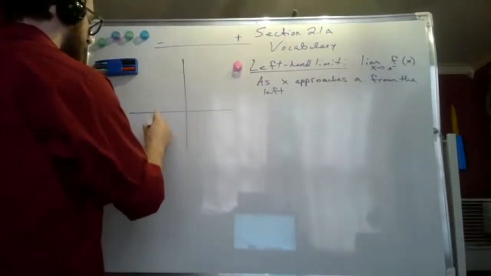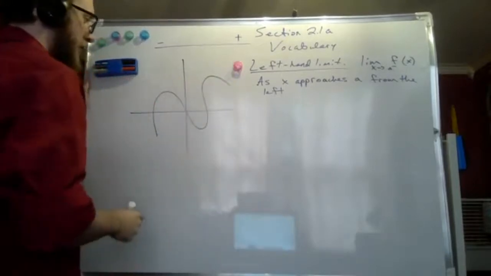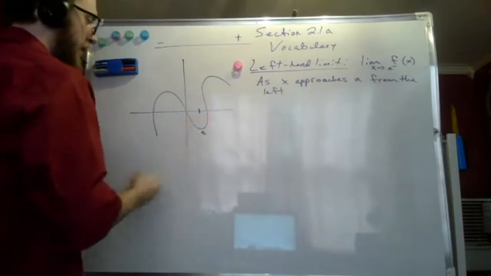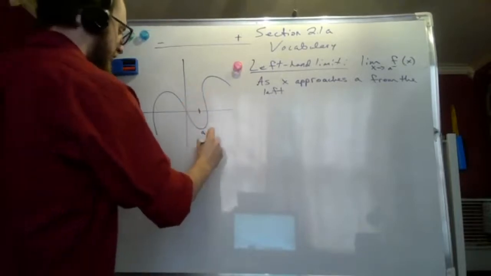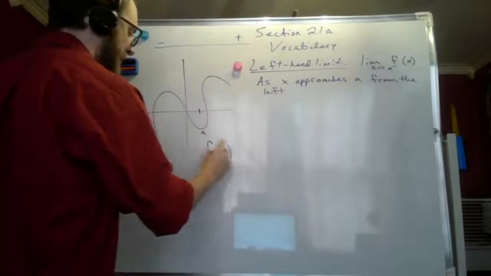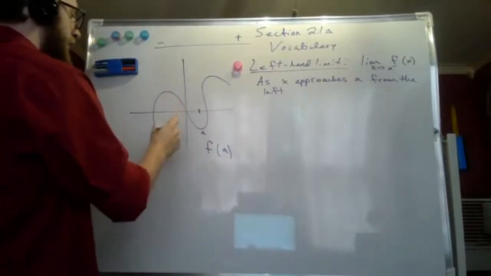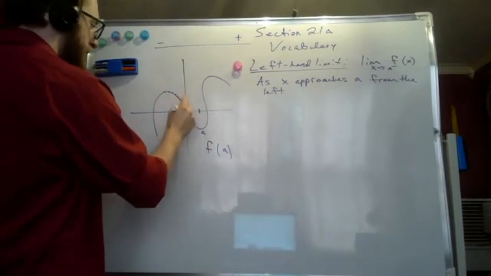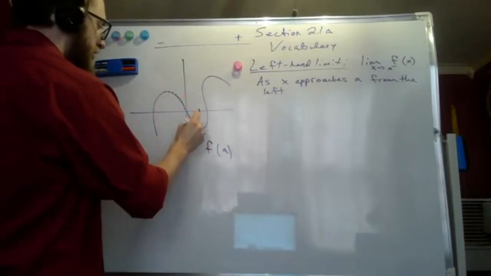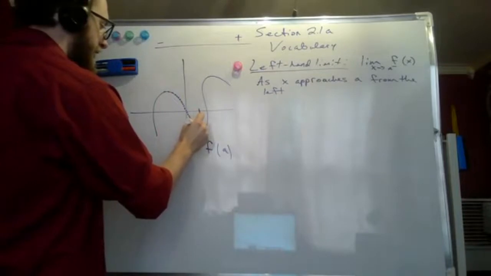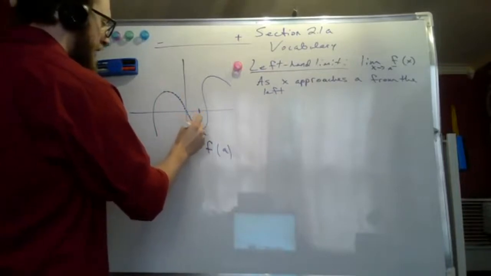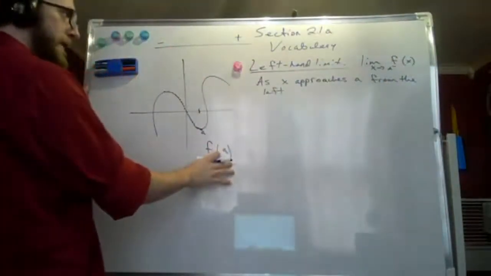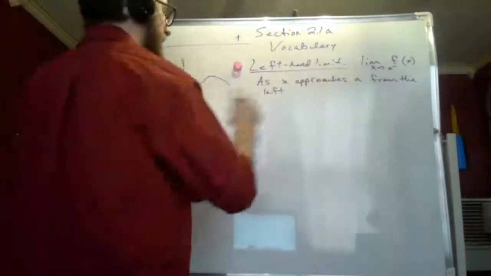And maybe it does something wonky, but we want to know, what's the value at a? Now, in the case of this graph, it looks like we could just plug it into our function and we'd be able to find out. But alternatively, we can also look at, okay, what is this graph doing as we approach a from the left? And as we get closer and closer to a from the left, this should equal the f of a value. So this is our left-hand limit.